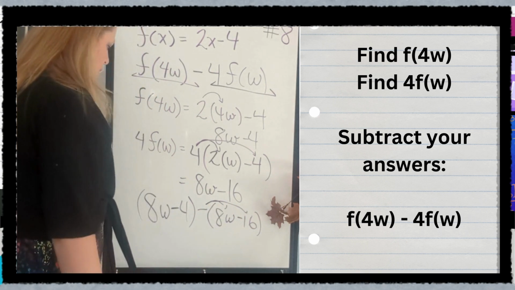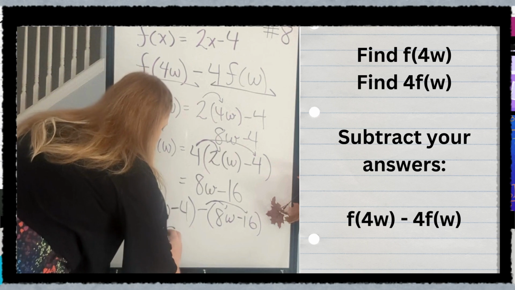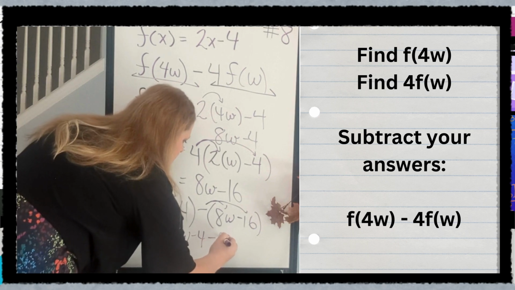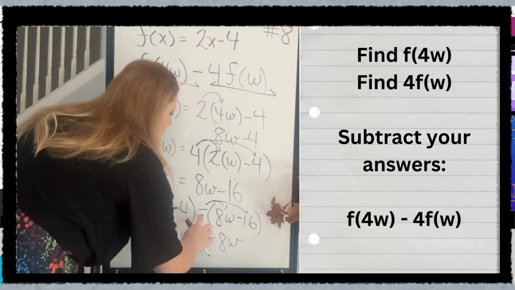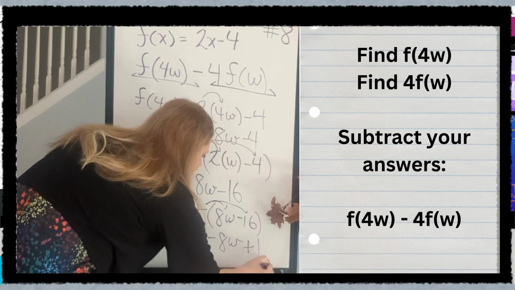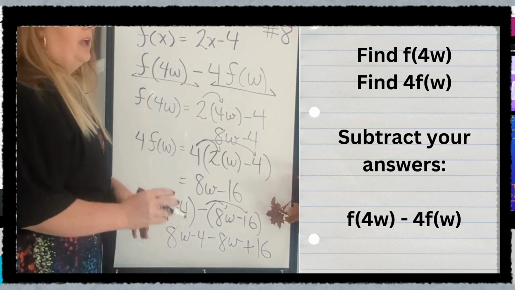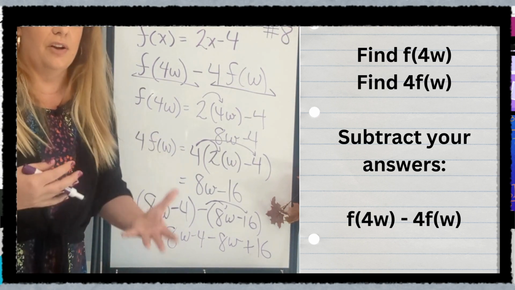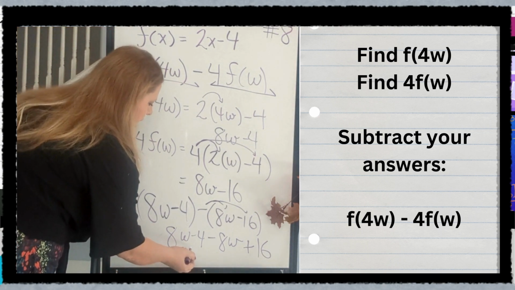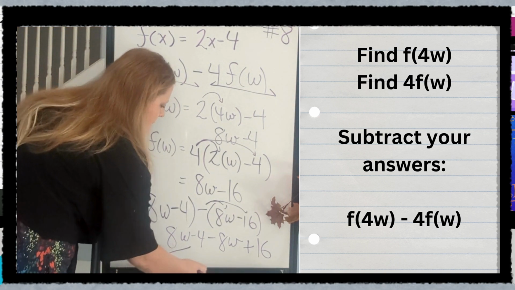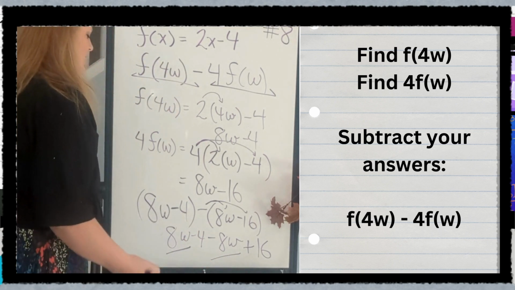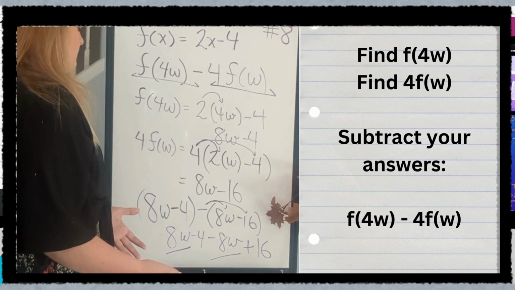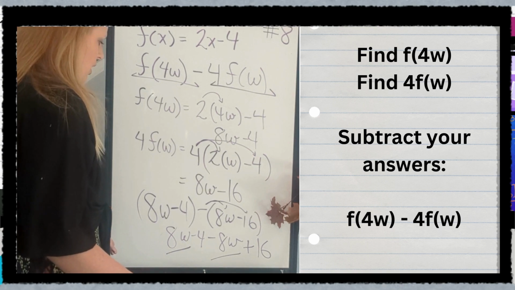Okay, we have to distribute our negative sign. I need to start moving this board up so I don't have to bend over. And we have 8w minus 4 minus 8w plus 16. And at this point, we combine our like terms. So let's take all of our w's. I have 8w minus 8w, which gives me 0 w's. So those actually just become a 0.